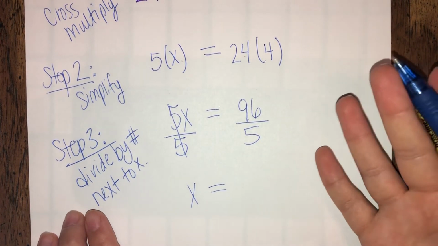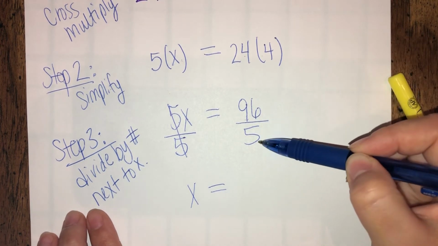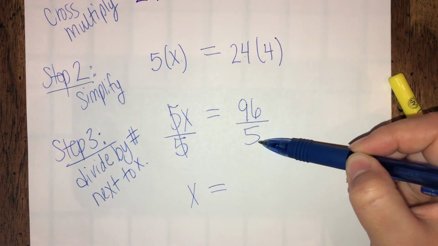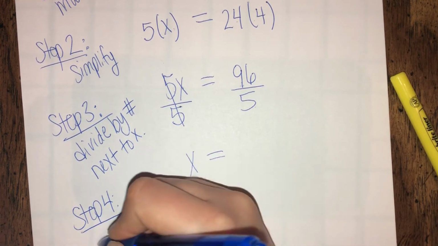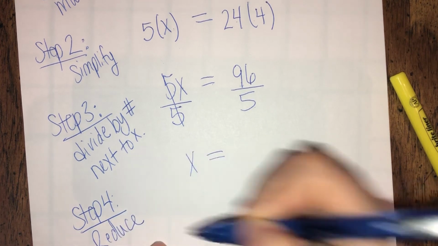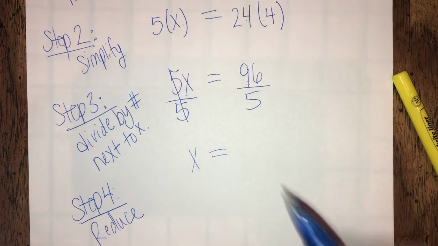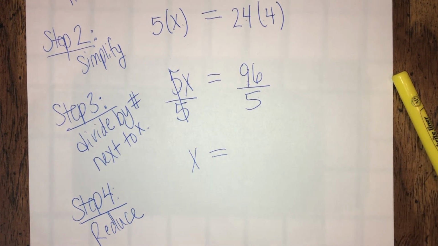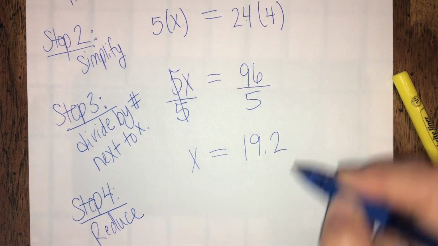And then, again, we're doing a little bit of simplifying here. 96 divided by 5 is going to be what? This is your last step. We call it reducing. 96 divided by 5 in your calculator is 19.2.